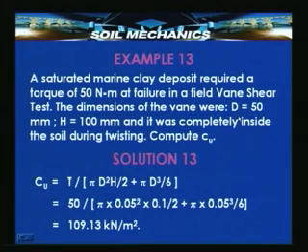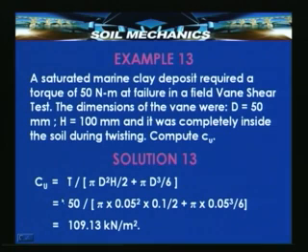The dimensions of the vane were 50 and 100 mm. It is also given that the vane was completely inside the soil, which means both the top and bottom surfaces participated in offering shear resistance. Compute the value of Cu.